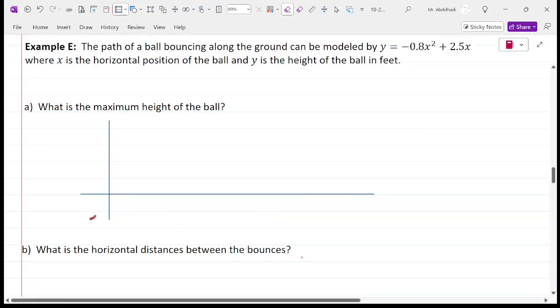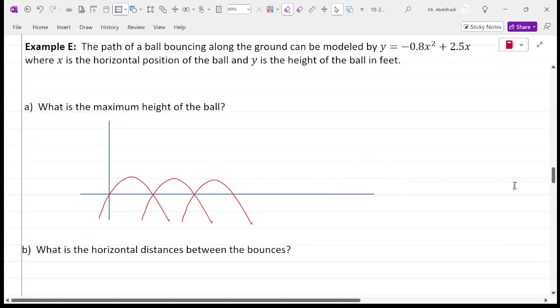Okay? And you're going to have a parabola where the ball goes through the origin here. This is not exactly easy to do with one parabola. Okay, something like that. Okay? And then that's one bounce. Of course, just the part that's above the x-axis is what you care about. But then the second bounce is going to be like that. And then the third bounce is going to be like that.